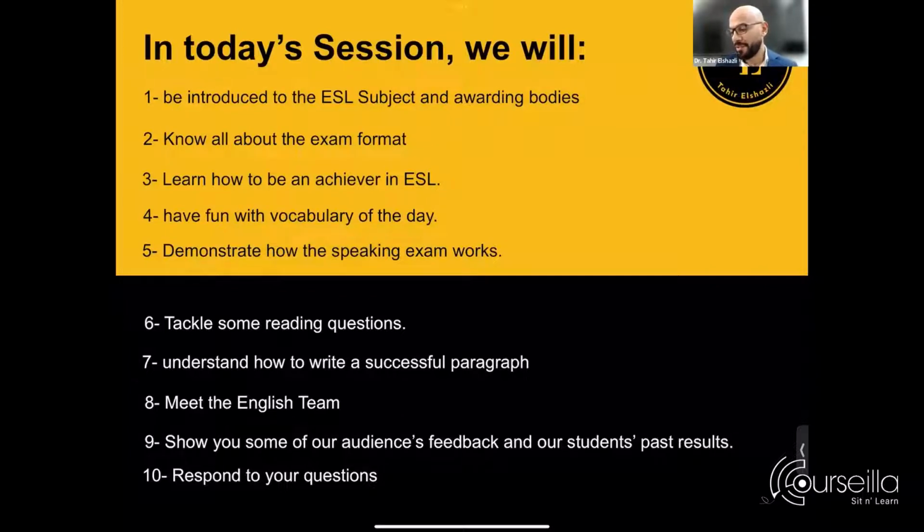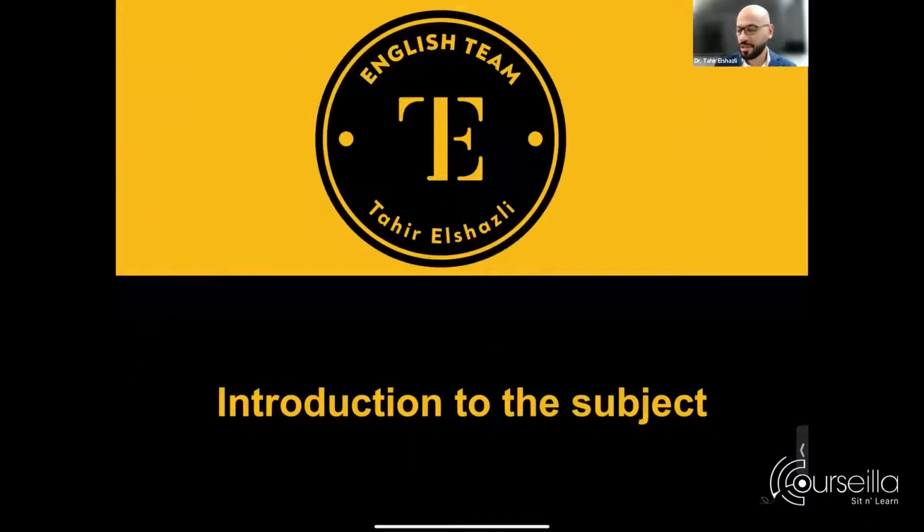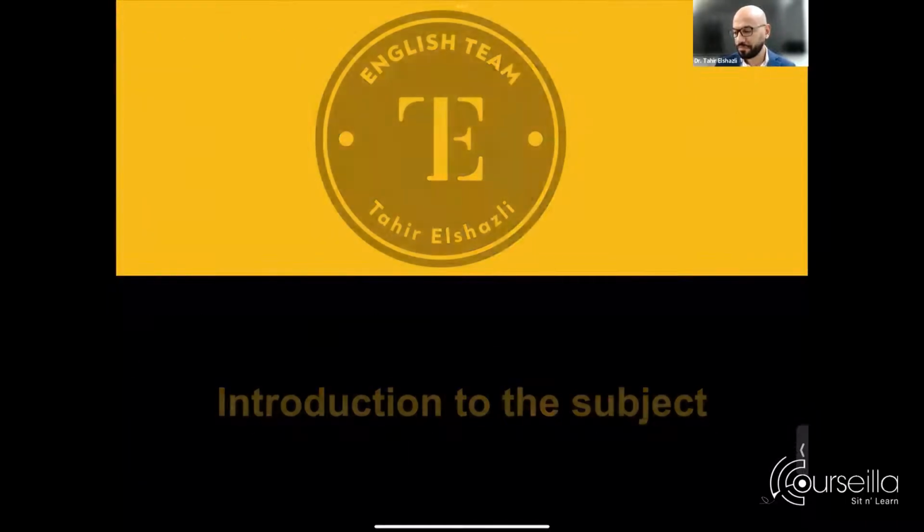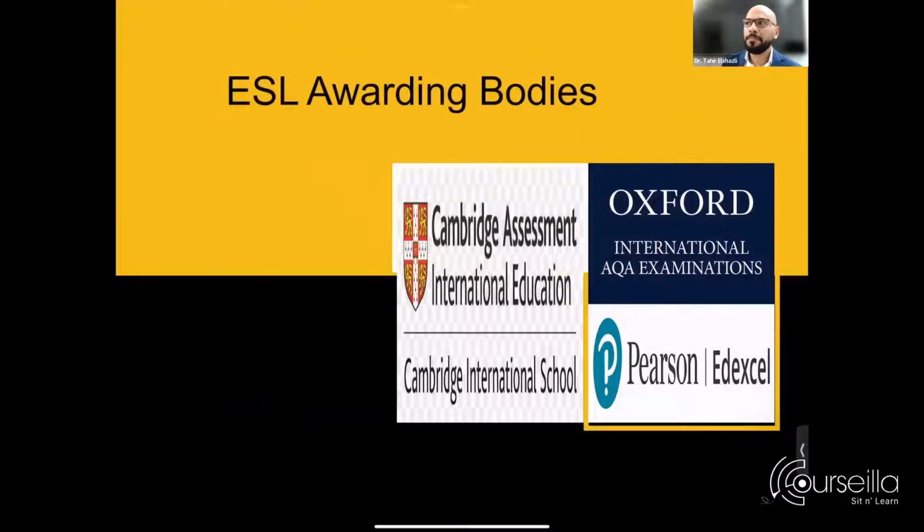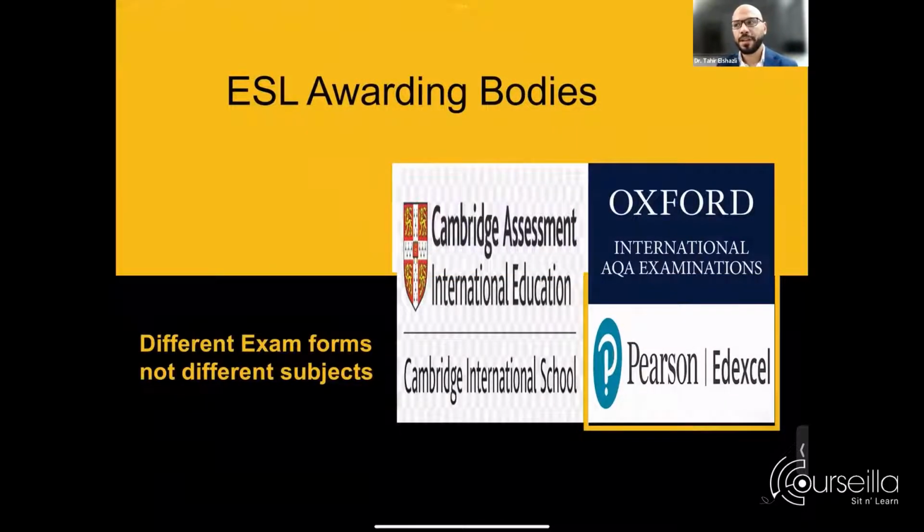Now, let's go to the first thing we're going to work on today, which is introduction to the subject. First, what is the English subject and what are the three main awarding bodies? What does awarding body mean? An awarding body is the institution or the entity which provides the exam.